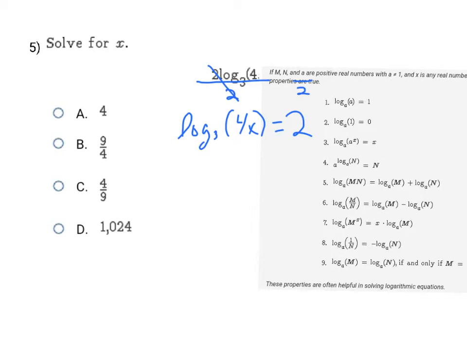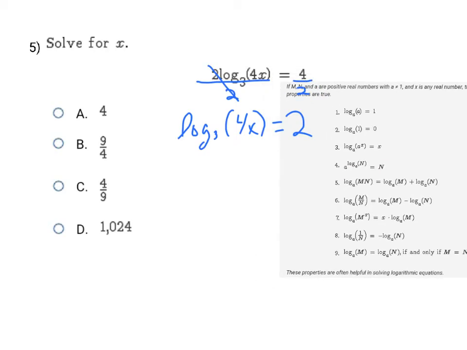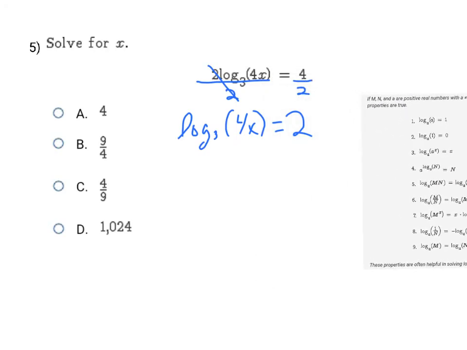So here I'm just left with n, and that's the one I'm going to be using to solve this. So that means I'm going to make both sides an exponent with a base of 3. So here when I do that, the log of 3 and the 3's all cancel out, and I'm just left with 4x equals 3 squared.